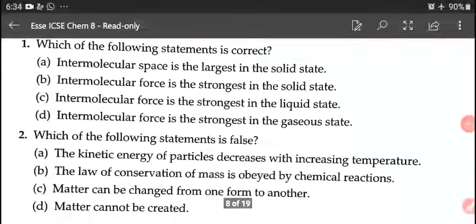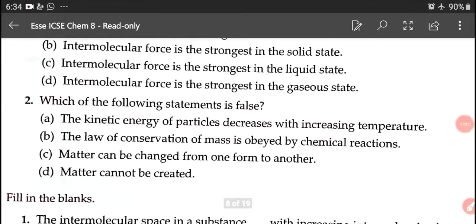Now second question, which of the following statements is false? Option A is the correct answer. The kinetic energy of particles decreases with the increasing temperature.